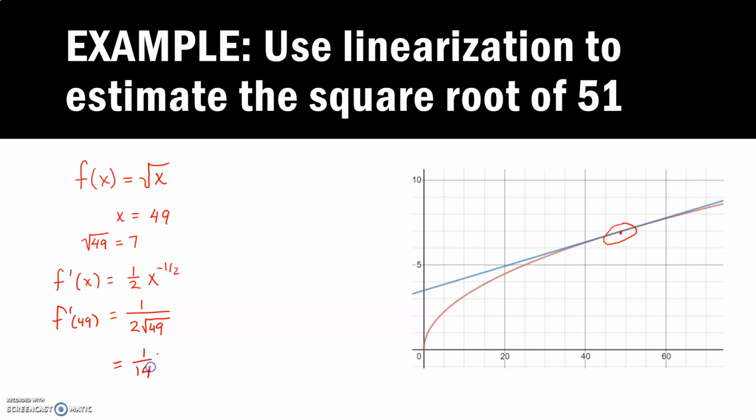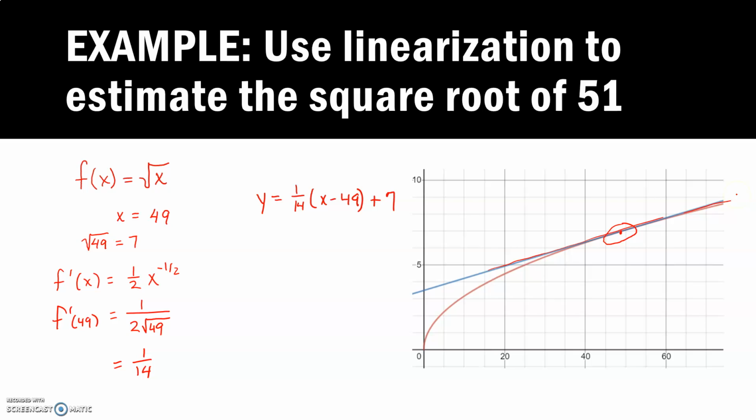So 1/14. So my tangent line equation is y equals 1/14 times (x minus 49) plus 7. So that's this blue tangent line.